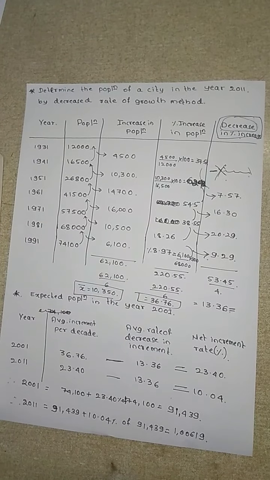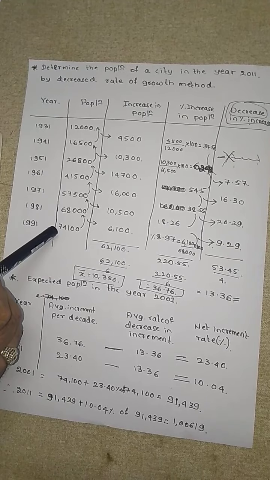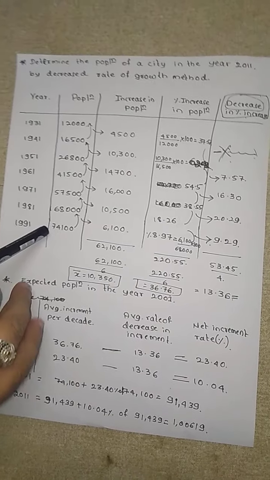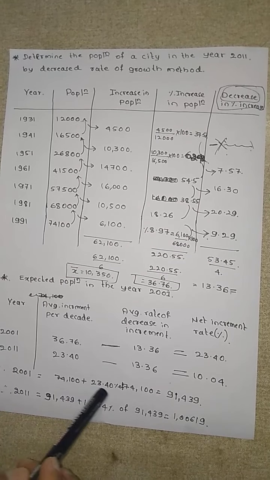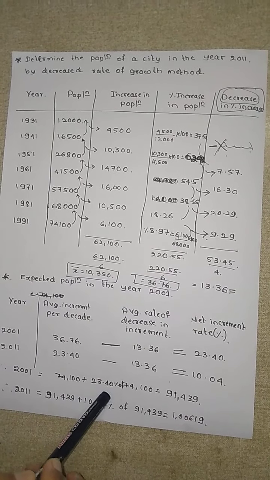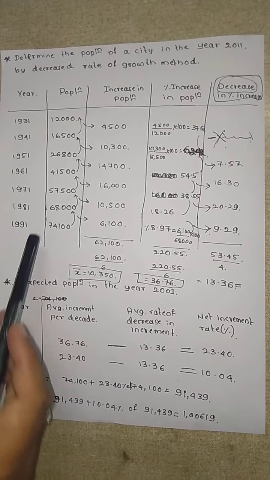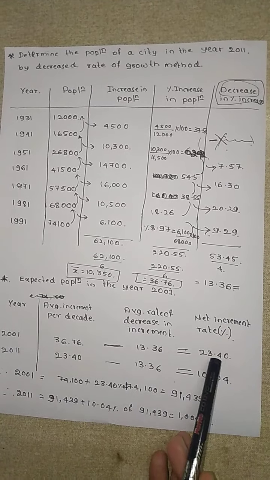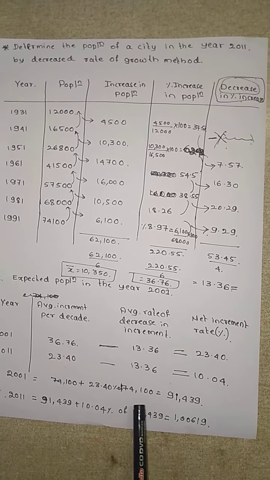So while calculating the population at 2001, what we have done is the initial calculation, that is your last known population plus 23.40%, that is the net percentage increase we have multiplied with the last known population. The net increment rate we have multiplied with 74,100.